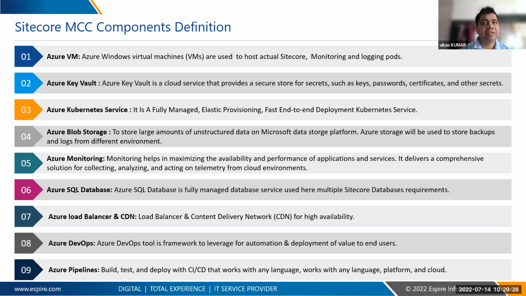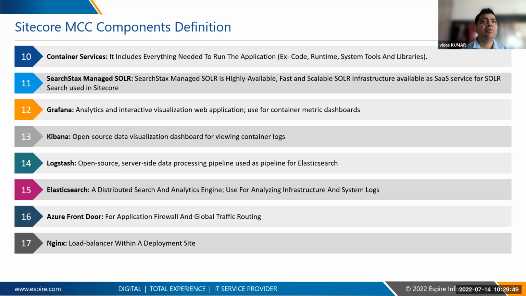SQL database, obviously they procure it using a SQL cluster, so you will buy not individual databases but a complete cluster from Azure. Load balancing and the CDN that we see for performance and high availability, DevOps, the pipeline provided by Sitecore, the container services, obviously, and the SearchStax managed Solr.